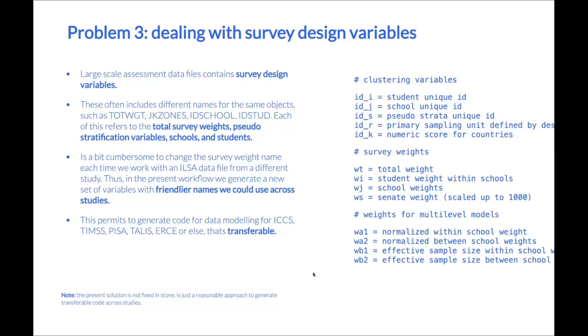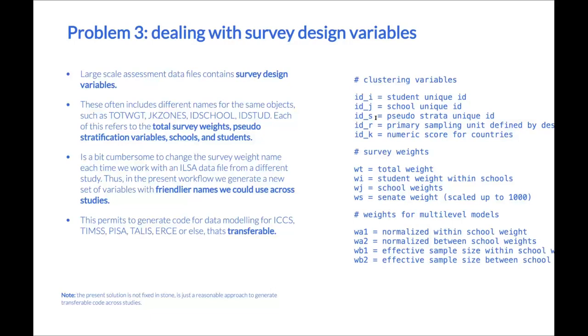The advantage of a workflow that uses this strategy is that it allows us to create transferable code that is applicable to ICCS, PISA, TALIS, or any other large-scale assessment that shares the same features. What we are calling clustering variables are just the unique variables that identify an observation.